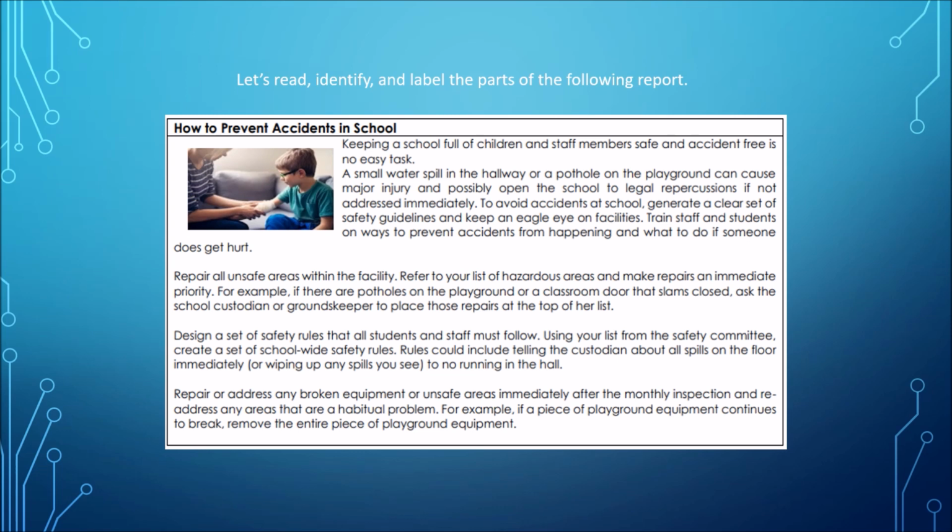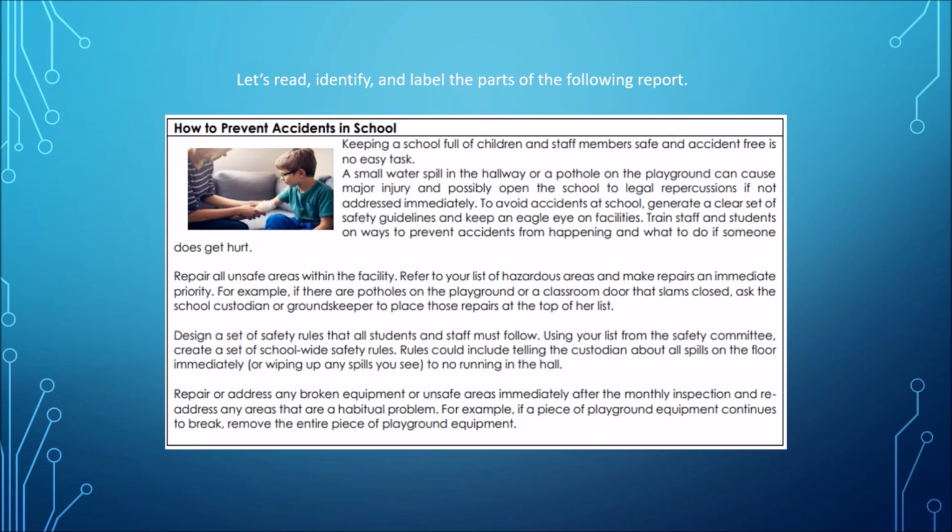To avoid accidents at the school, generate a clear set of safety guidelines and keep an eagle eye on facilities. Train staff and students on ways to prevent accidents from happening and what to do if someone does get hurt. Repair all unsafe areas within the facility. Refer to your list of hazardous areas and make repairs an immediate priority.